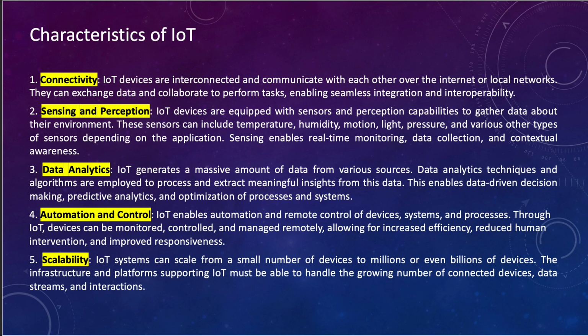So in applied IoT, we will be going through not the technical information, but the concept of IoT, so that we have an understanding of the characteristics that an IoT application would have.